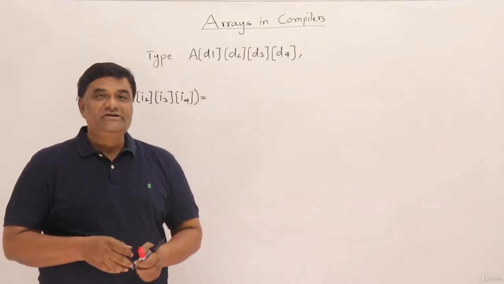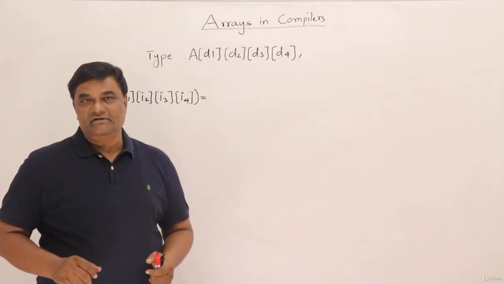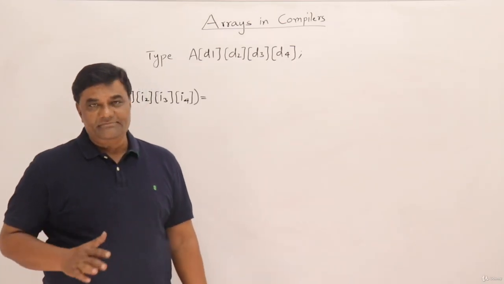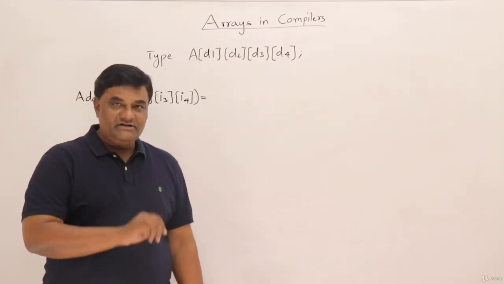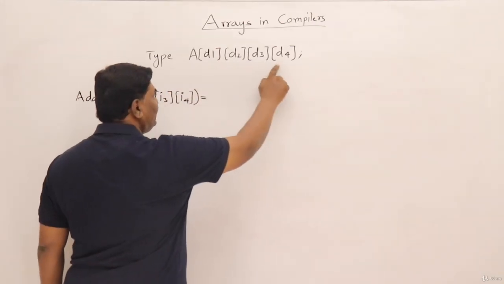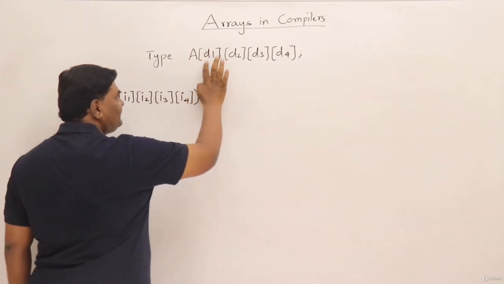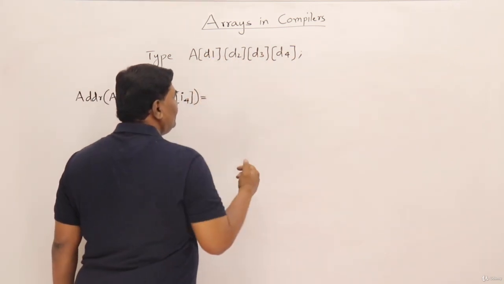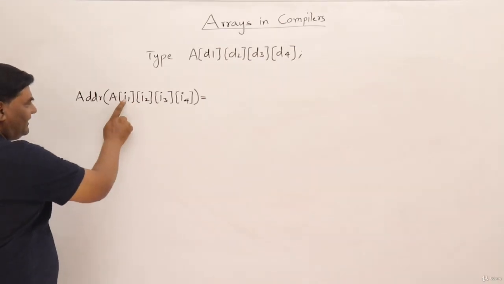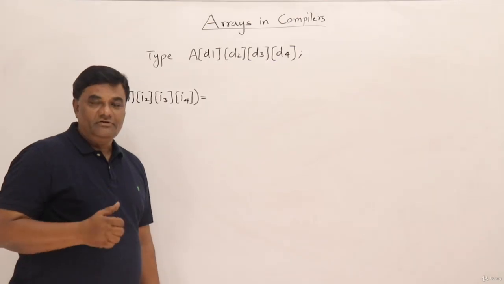Let us prepare a row major formula and column major formula for a 4-dimensional array. I'll show you the approach. Then using the same approach, we will see the row major and column major formula for a three-dimensional array also. So here I already have an example of a four-dimensional array. Array name is A, data type is something, and the dimensions are D1, D2, D3 and D4. Now, for the address of any location whose indices are I1, I2, I3, I4, what should be the formula?